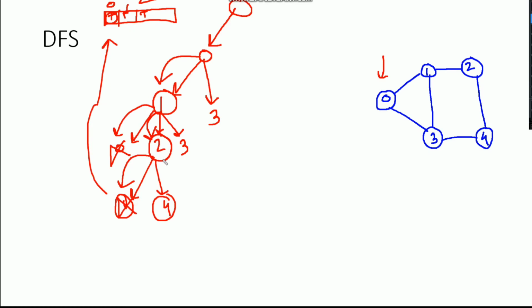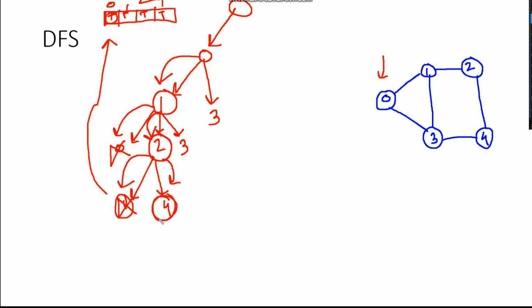Now I'll iterate and check for vertex 4. Vertex 4 is not visited. So I will leave vertex 2 and start exploring vertex 4. Before exploring vertex 4, I'll mark vertex 4 as true.